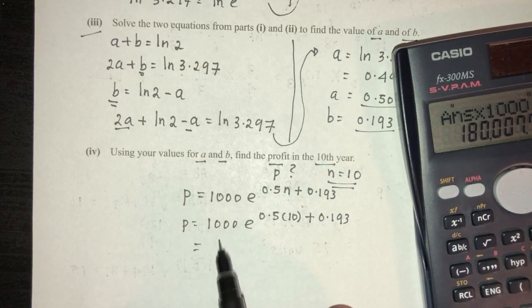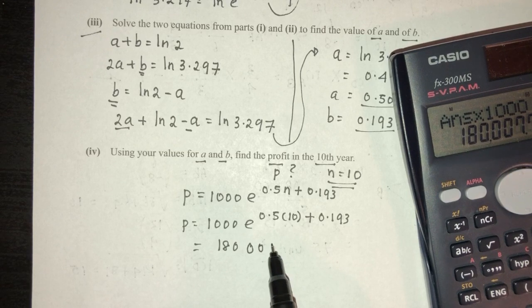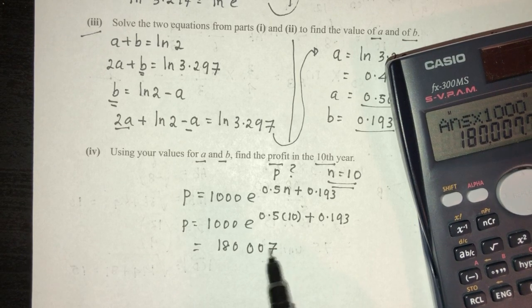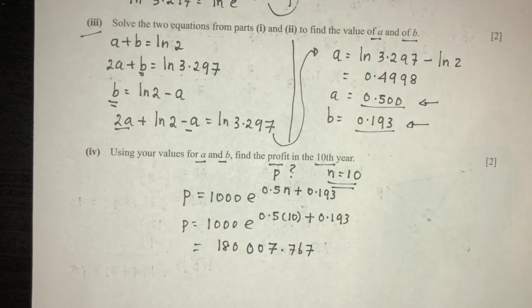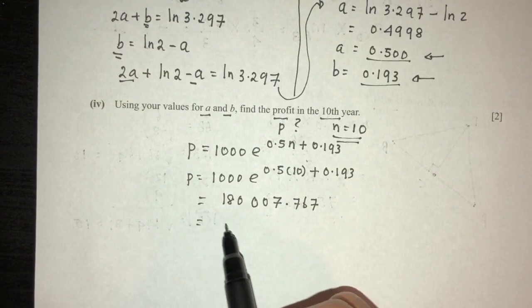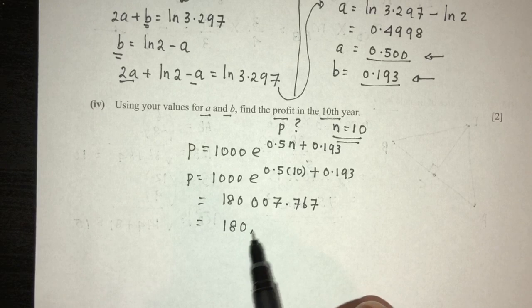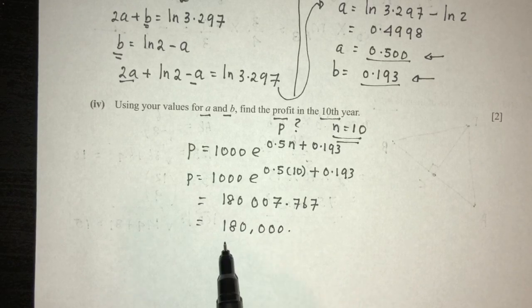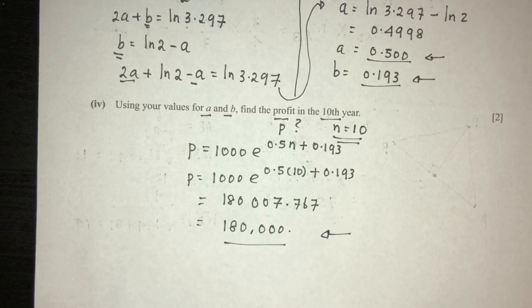That will be 180.127. Sorry, the exponential is 7.767... Now let's write this correct to 3SF. That will be 180,000. That's the profit for the 10th year.